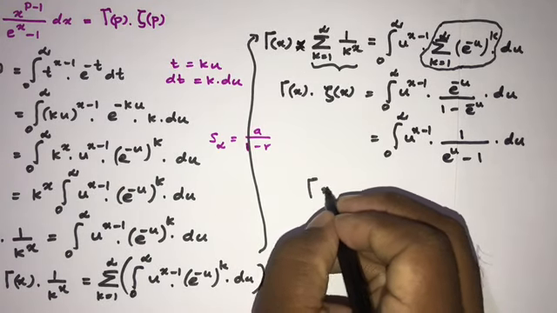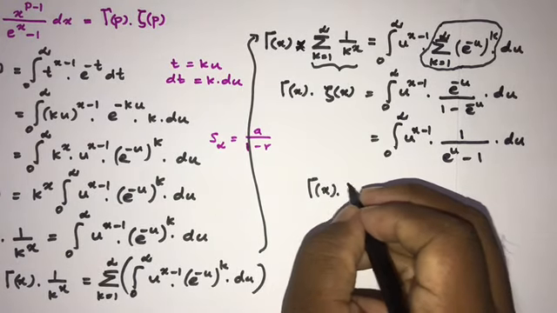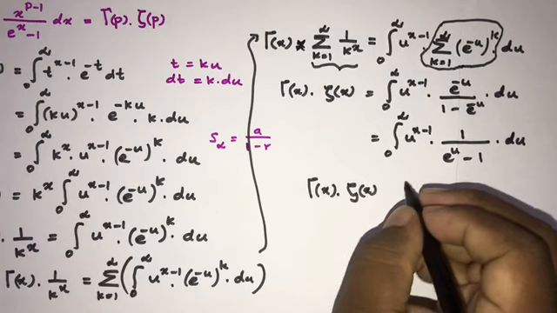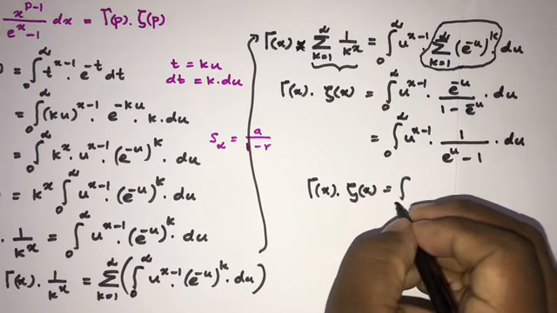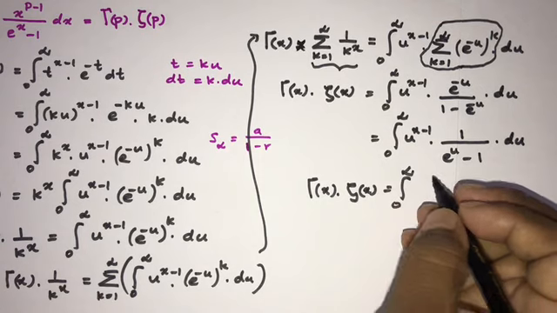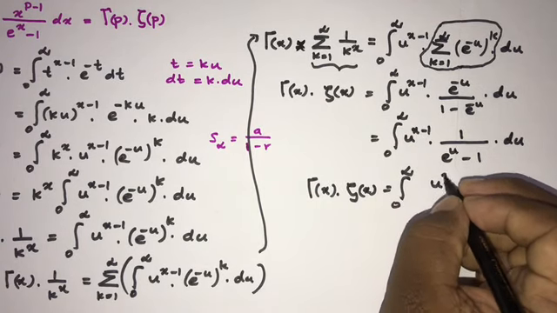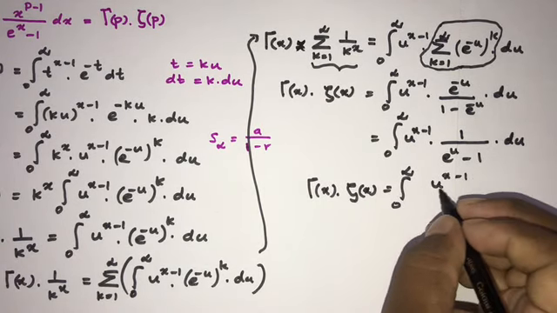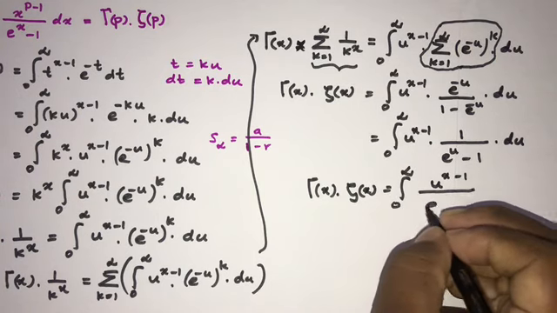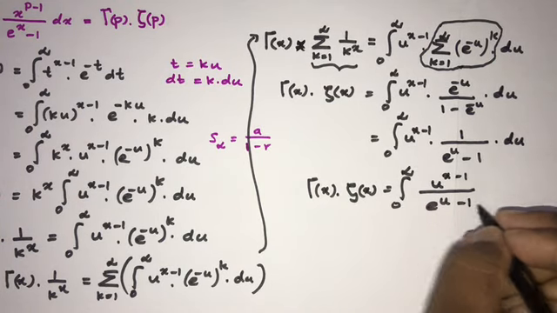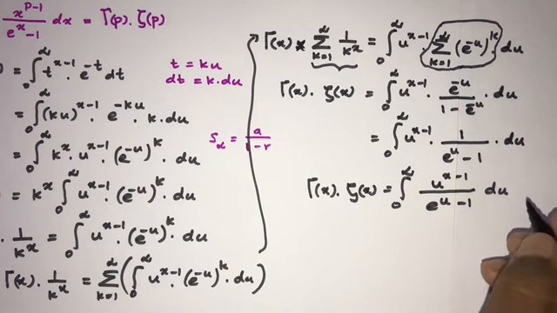Now gamma of x times zeta of x is equal to the integral from 0 to infinity of u to the x minus 1 over e to the u minus 1 du.